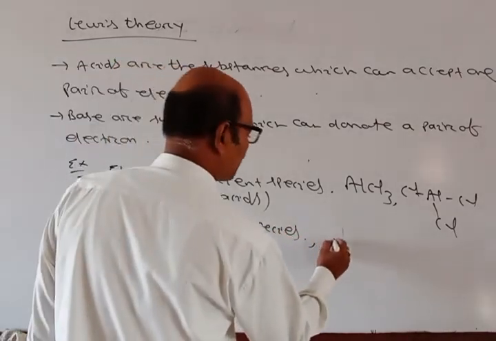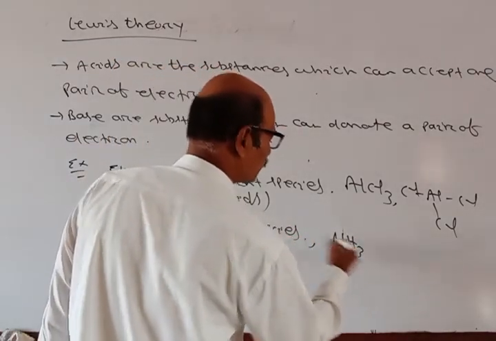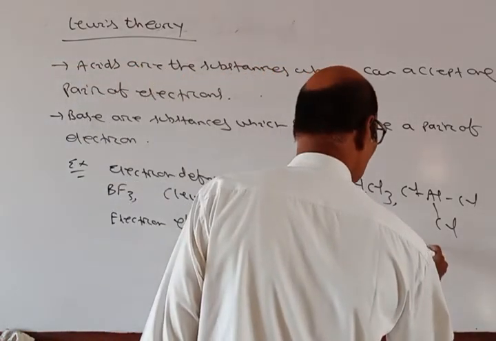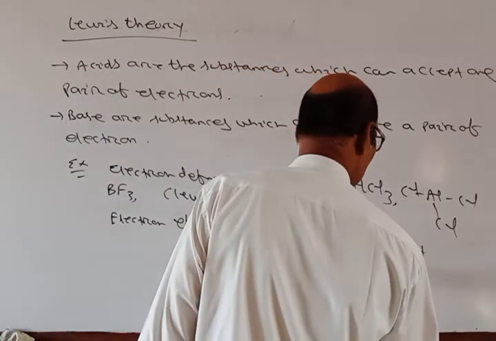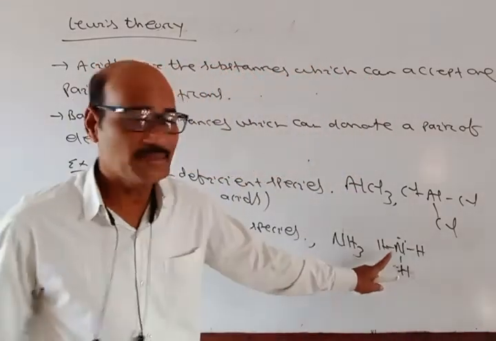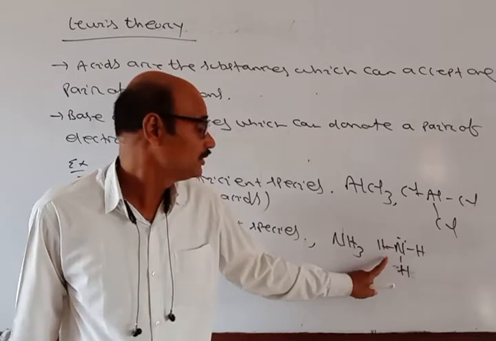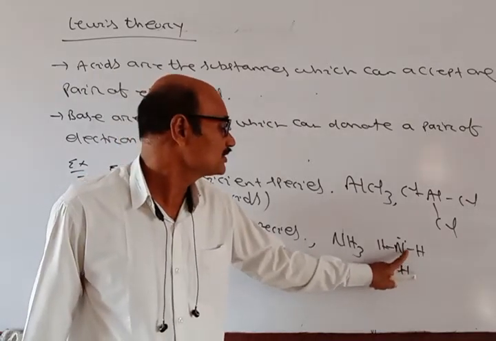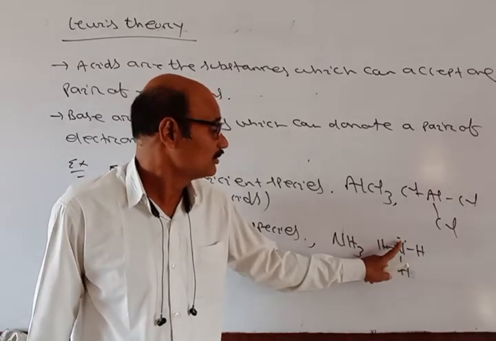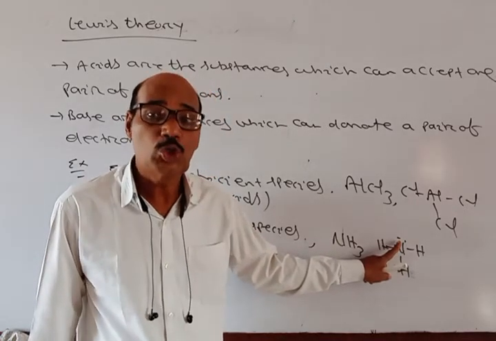Write NH3, ammonia. Here this nitrogen atom has 8 electrons, and one electron pair is there as a lone pair.